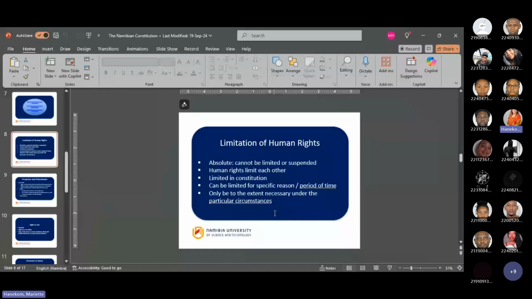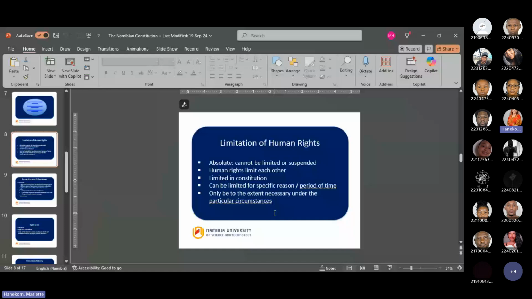They limit each other, except for two. There are two human rights that cannot, under any circumstances and by any law or act of parliament, be limited or suspended, namely the right to life and the right to dignity.